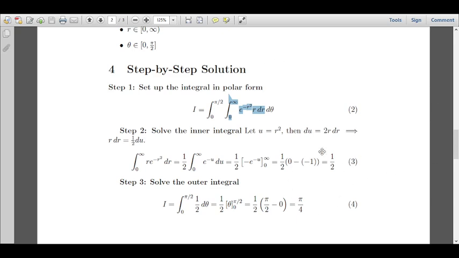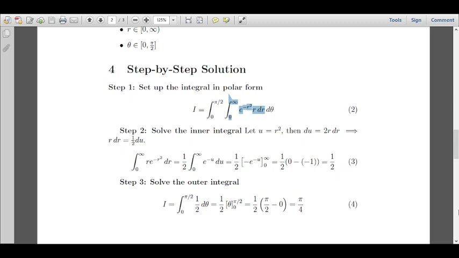Now how to find the r limit? Draw the radius vector through the region and identify where this radius vector enters the region and leaves the region. It enters the region at r equal to 0, from the origin, because our radius vector originates from the origin, so r equal to 0 is the starting point and it leaves at the boundary point r equal to a. So r varies from 0 to a, theta varies from 0 to pi by 2.